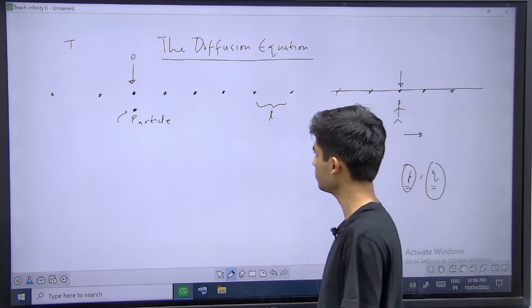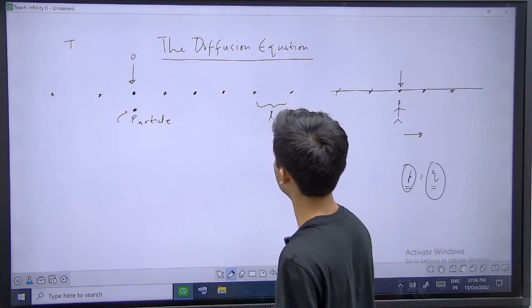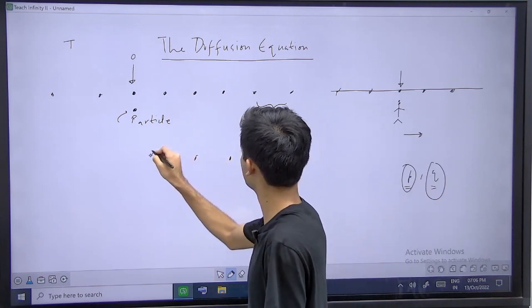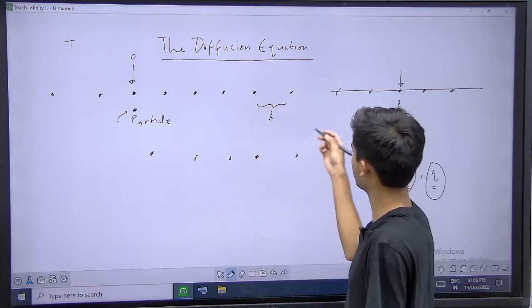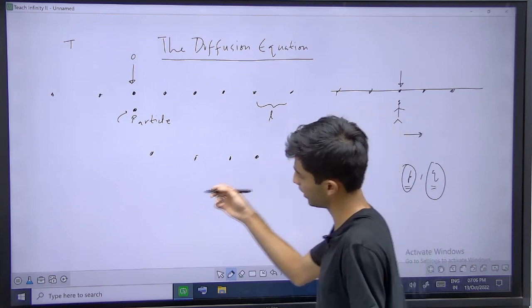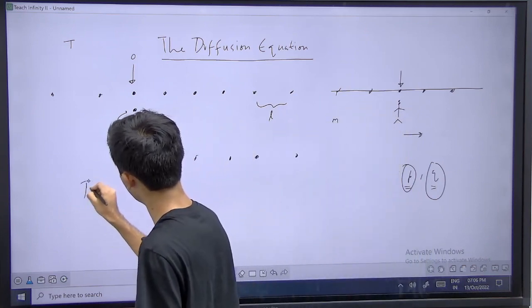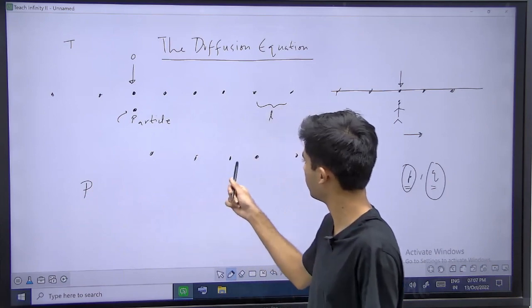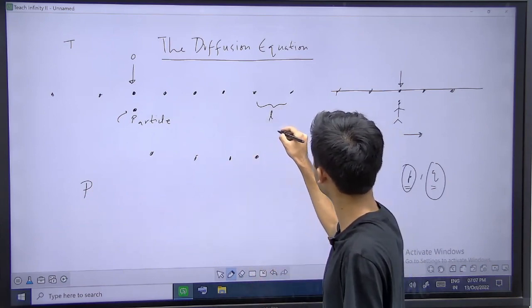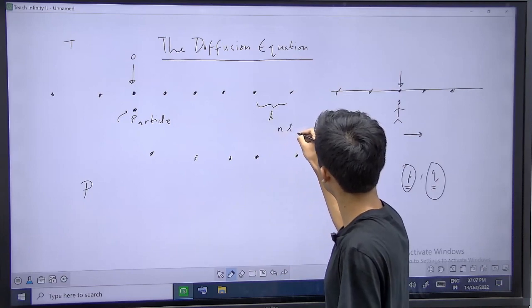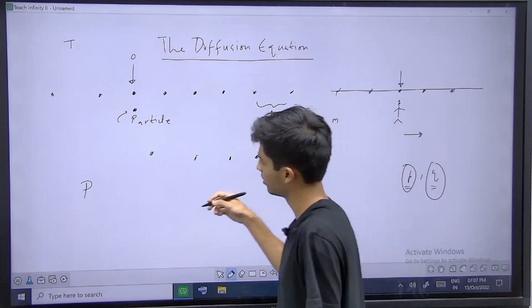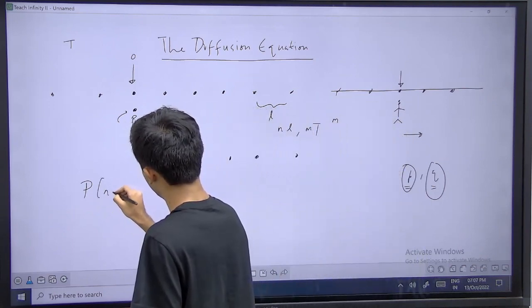So again, let's start with this. At some time, say nT, I will denote the probability that it is at some length, say nL, and at some time mT, as this.